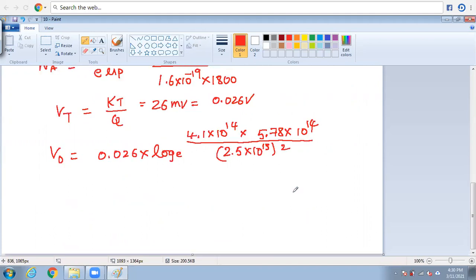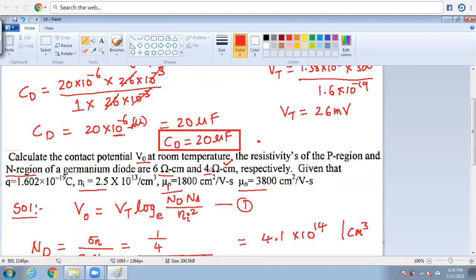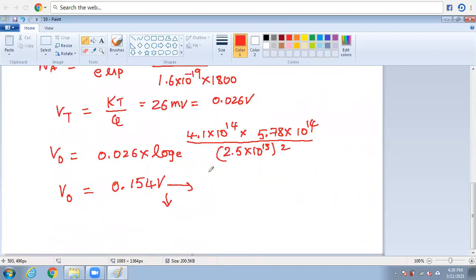If you calculate effectively, we can expect V naught, the built-in potential, to be 0.154 volts. This can be treated as a built-in potential, or as a contact potential. This is the contact potential of your given diode or given material.